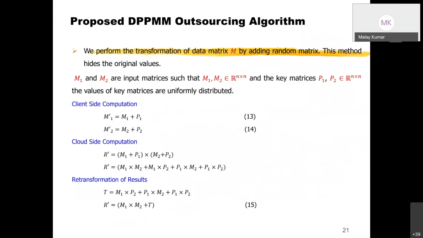What does it mean? If a matrix is dense in nature, the discussed method is able to provide data confidentiality. However, if the matrix has a sparse structure, it is not able to provide confidentiality to the data.